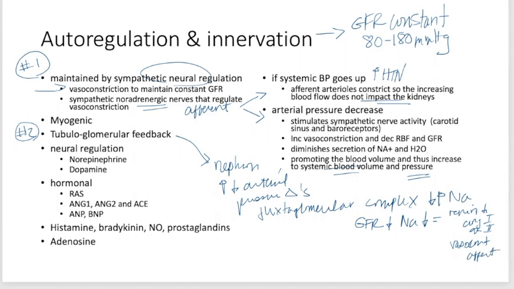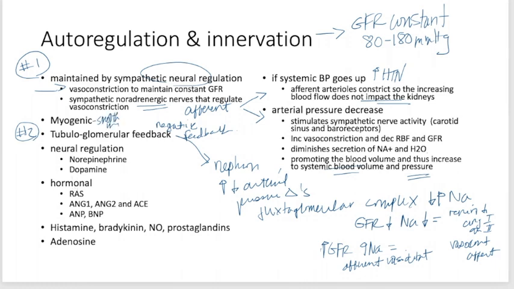So if we have an increase in sodium, then we would turn off renin, Ang1, Ang2, and we would get afferent arterial dilation. And that's a negative feedback system. When we're talking about myogenic here, this is a decrease in vessel diameter after an increase in pressure, and then it basically is going to change related to more of the muscle tissue.